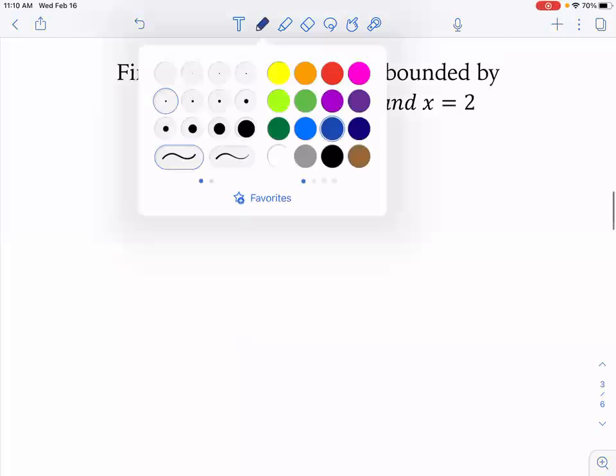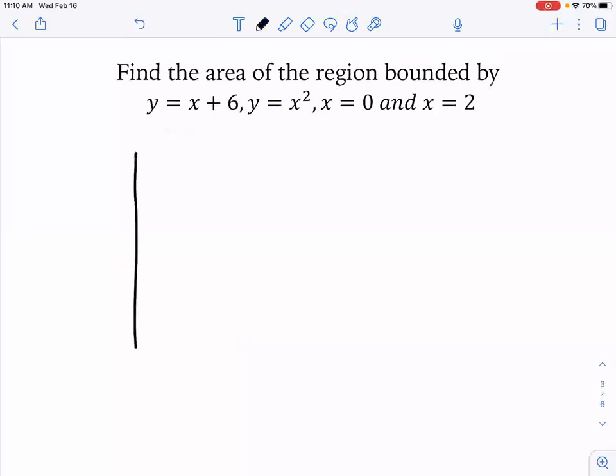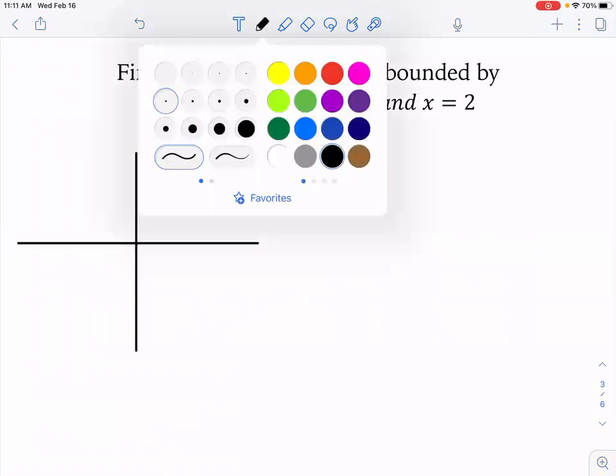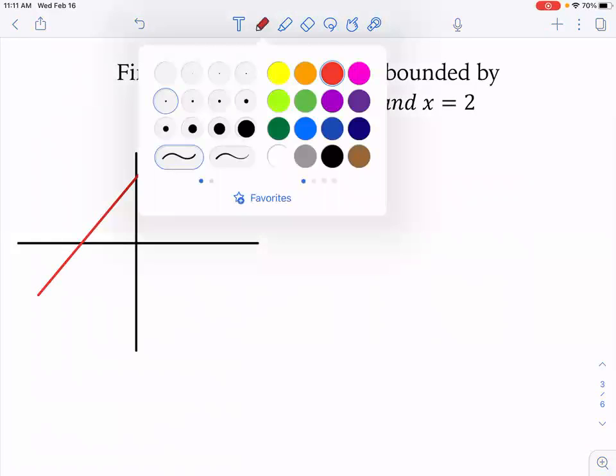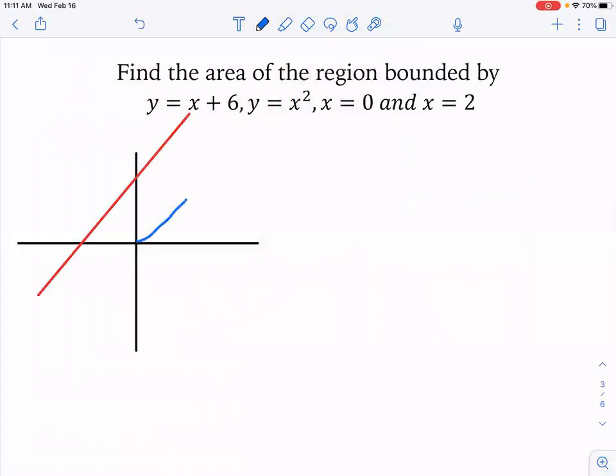So let's draw our picture without our calculators. Can we do that? Okay. Y equals x plus 6. Y equals x squared.